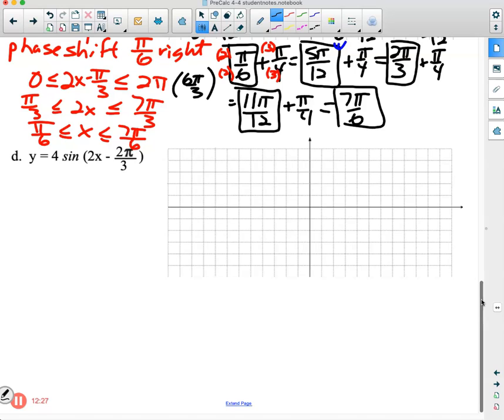For sine of the quantity 2x minus 2 pi over 3. Starting with the amplitude. So again, we have a 4. 2 pi over the absolute value of b is the period. And this is where I realize, oh gosh, I'm going to have to factor this one now too.